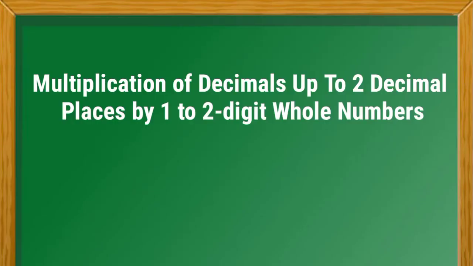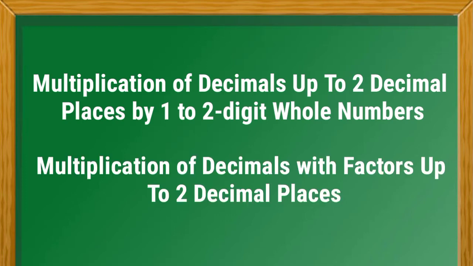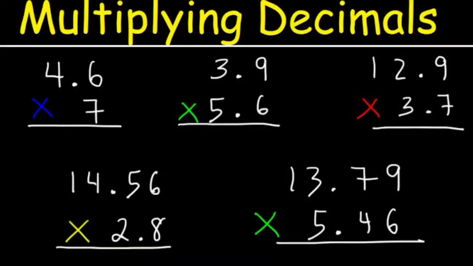Our topic today has two parts. Multiplication of decimals up to two decimal places by 1 to 2-digit whole numbers, and multiplication of decimals with factors up to 2 decimal places. Multiplying decimals is very important in our daily activities.